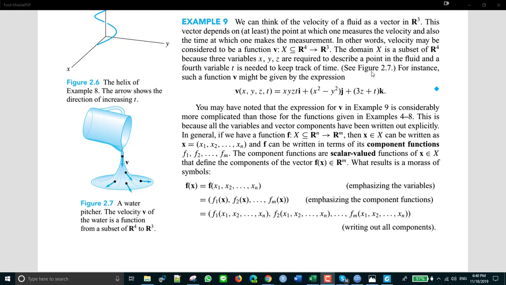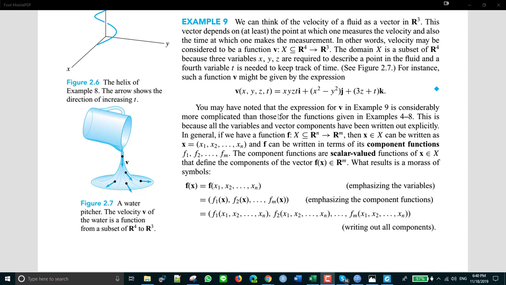Figure 2.7, for instance. Okay, so for instance, such a function might be given by this. Of course, we could change this in any way. Like we could make this a cube, and that would mean that it was moving in a different way. But anyway, you may have noted that the expression for v in example 9 is considerably more complicated than those for the functions given in 4 through 8.